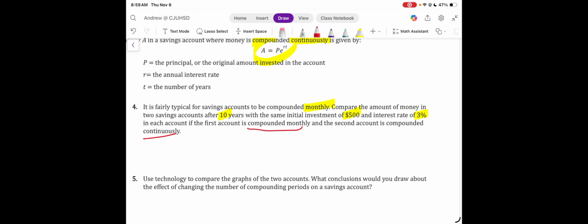So here's the first account. The amount is 500 and then 1 plus 3% split into 12 equal parts to the power of 12 times 10. So 12 times 10 means in 10 years, they're going to calculate your interest 120 times.